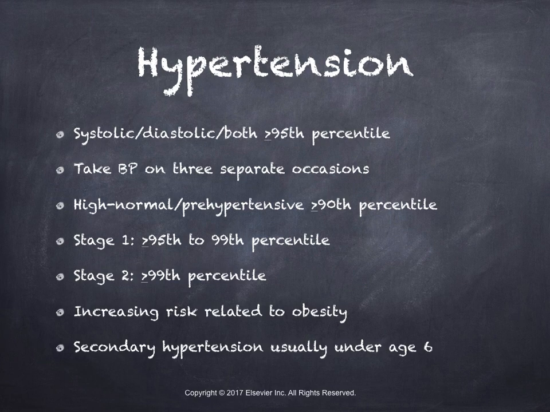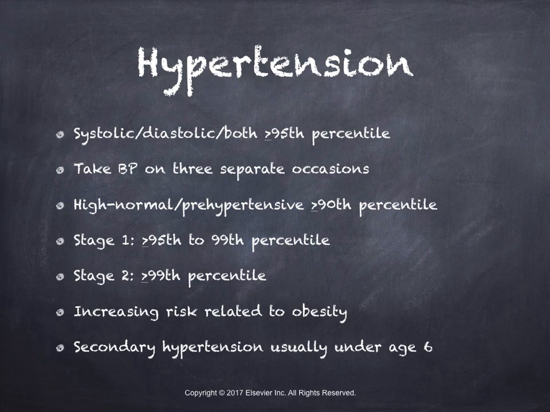Blood pressure that's greater than or equal to the 90th percentile is considered either high normal or prehypertensive. Blood pressure that's greater than or equal to the 95th to the 99th percentile is called stage 1. Stage 2 is when the blood pressure is greater than or equal to the 99th percentile.